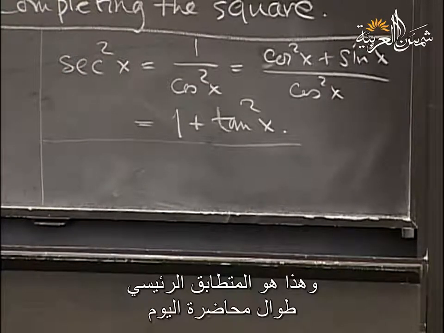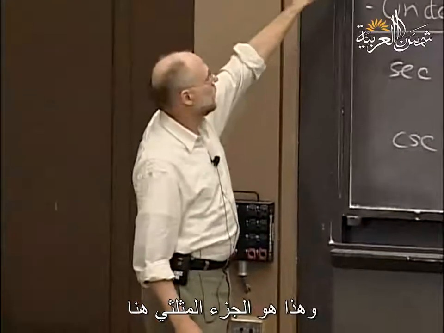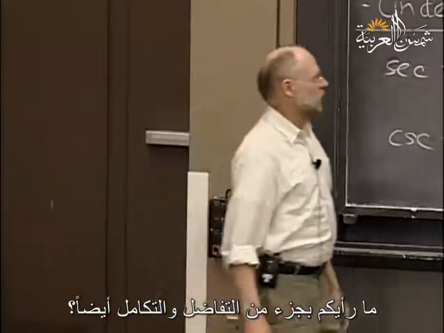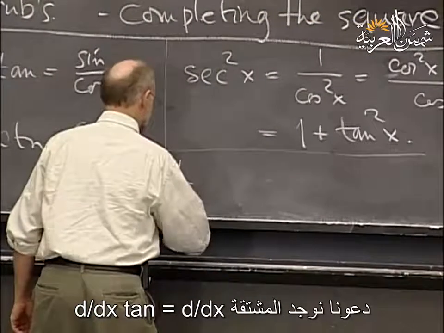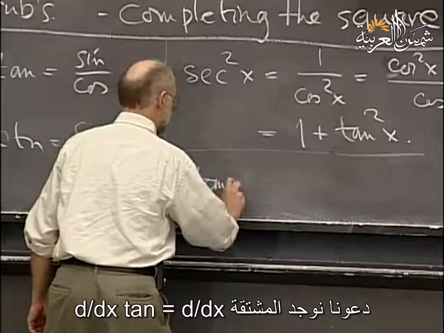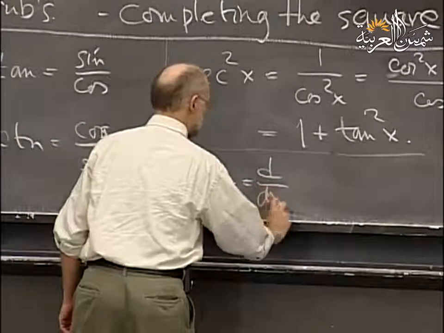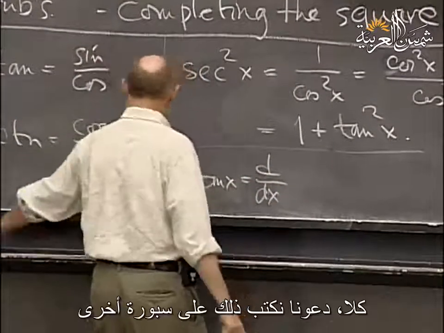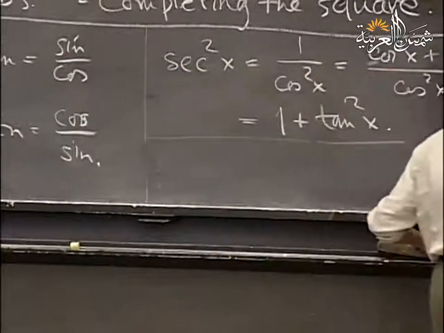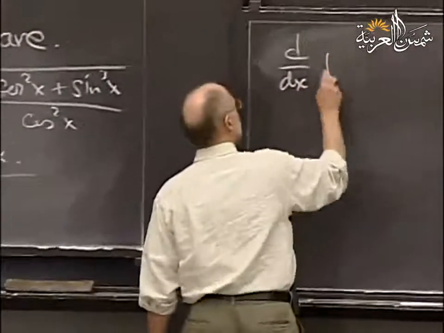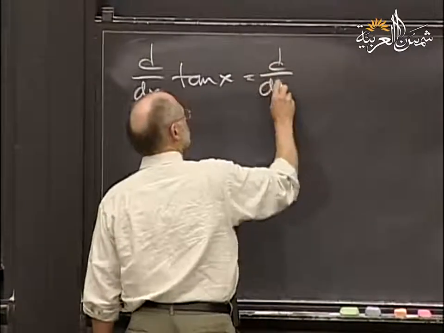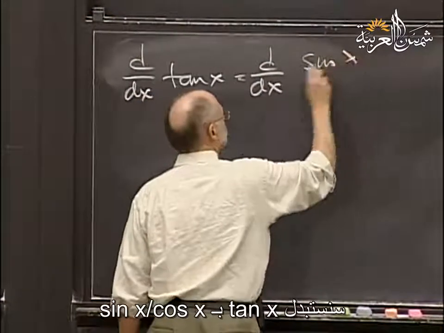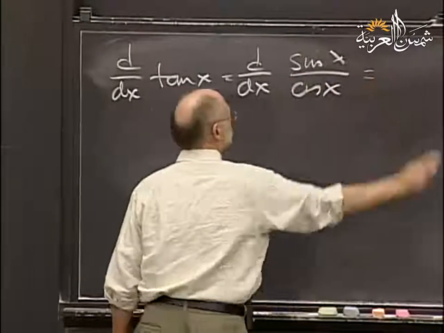That's the main trig identity that's going to be behind what I talk about today. That's the trigonometry identity part. How about this piece of calculus? Can we calculate what the derivative of the tangent of x is? Actually, I'm going to do that on this board. Well, the tangent of x is sine x divided by cosine x.